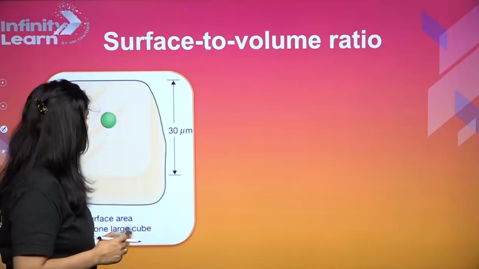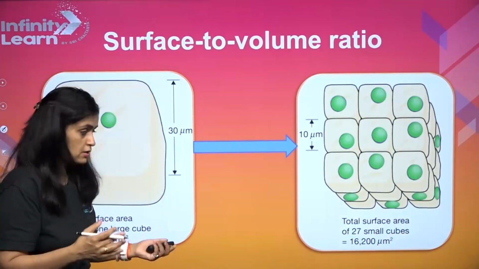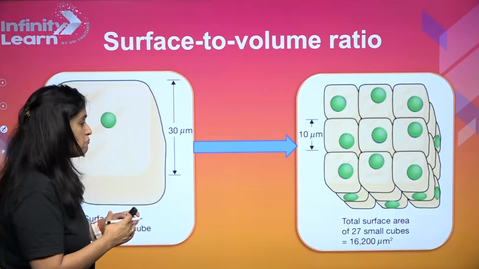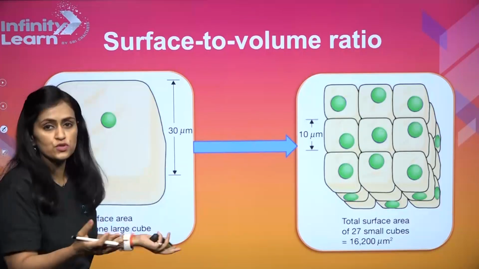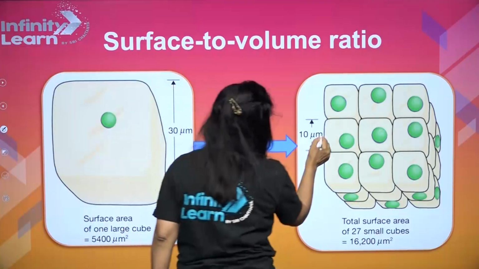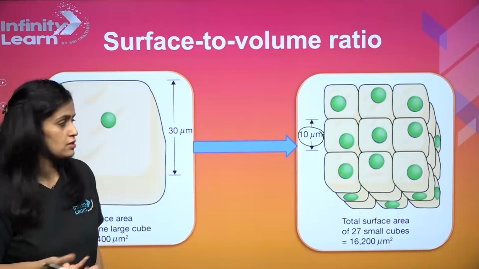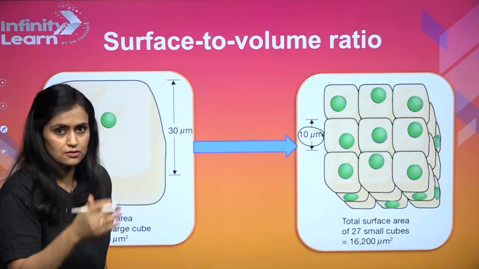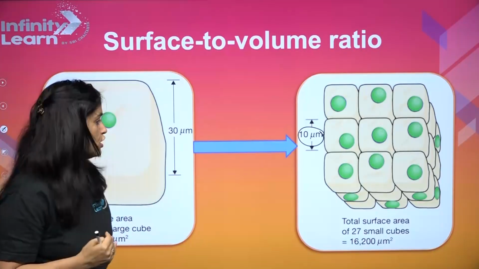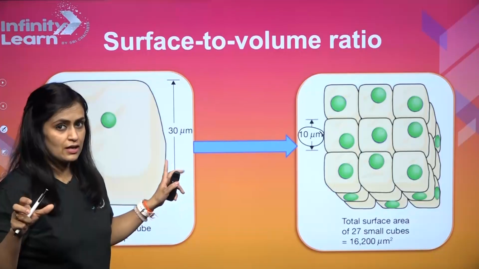Now imagine this particular cell being divided into many pieces. So now you have made near about 27 cubes of this, and each small piece is near about 10 micrometers. Now how will we do it? 10 into 10 into 6, because a cube has 6 sides, right? That is how we will find out the surface area. What would be the surface area now?